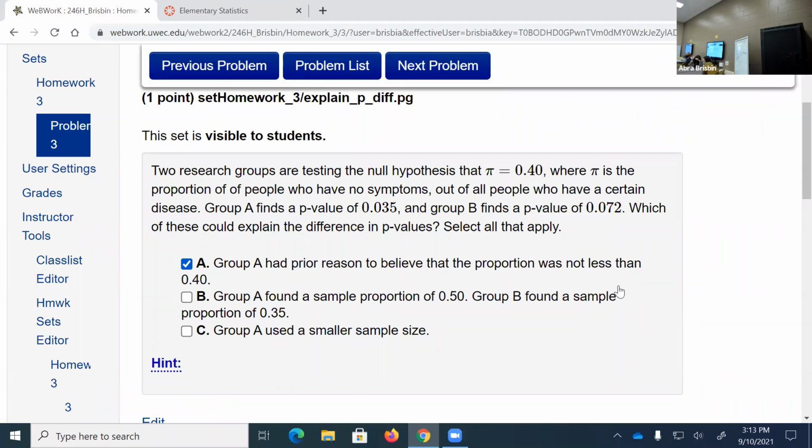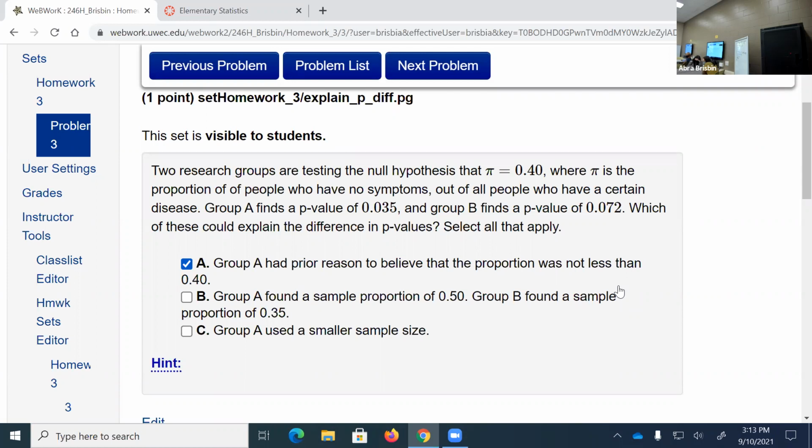And then the difference between a one-sided and a two-sided alternative hypothesis is that what I've just drawn here would be the p-value for a one-sided hypothesis, where we're only looking at the tail that's on the same side as the p hat.